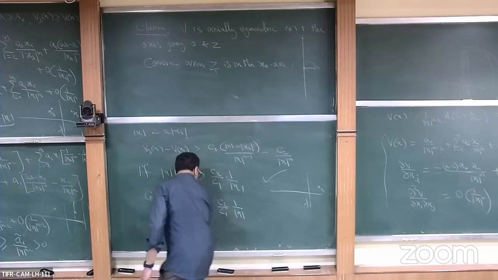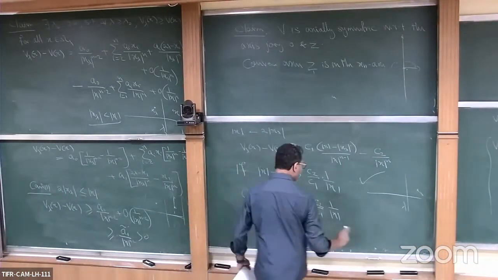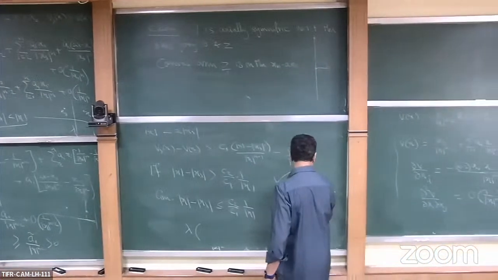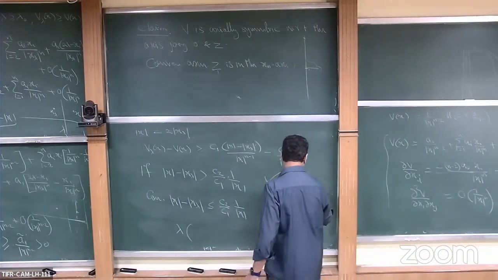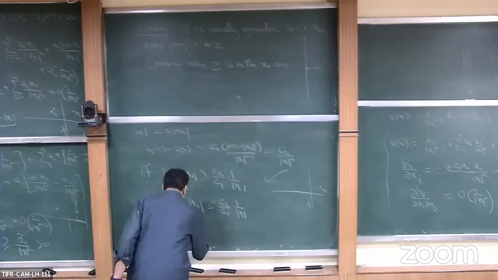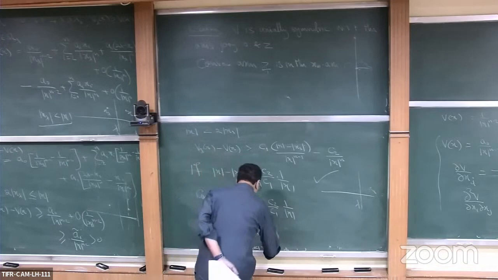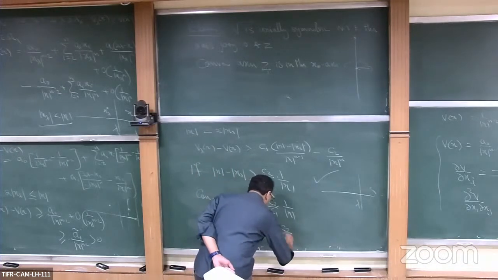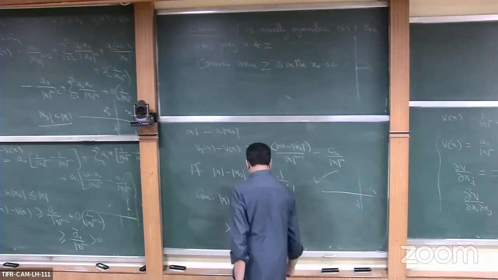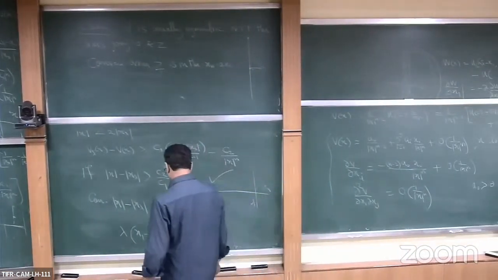So I can take here lambda into mod x minus mod x lambda, that you can get is greater than or equal to lambda times x1 minus lambda. You will have x1 minus lambda, that is going to be less than or equal to C2 by. Okay, so you have this condition.